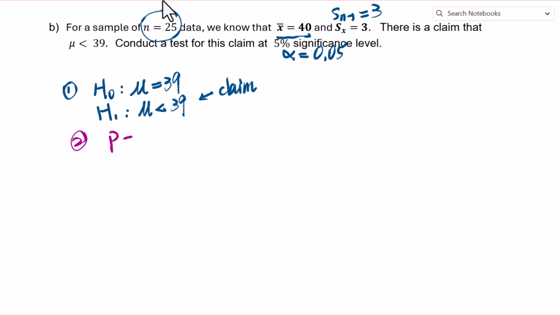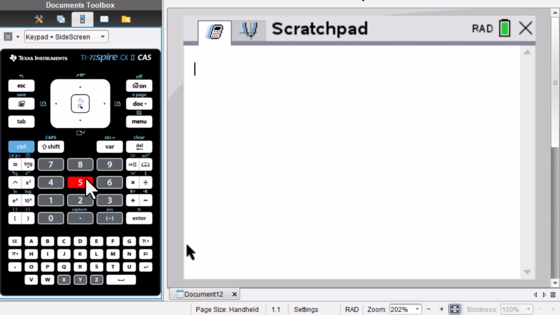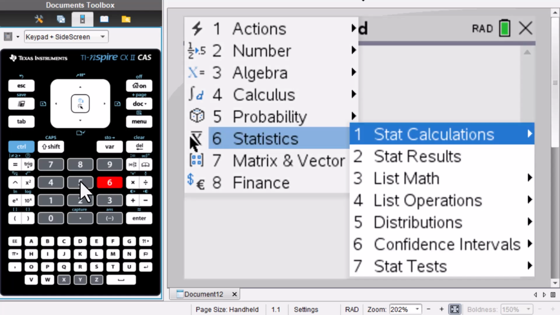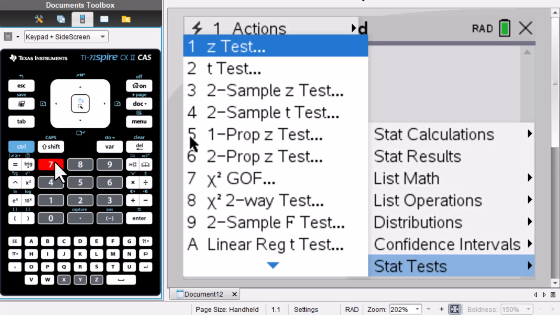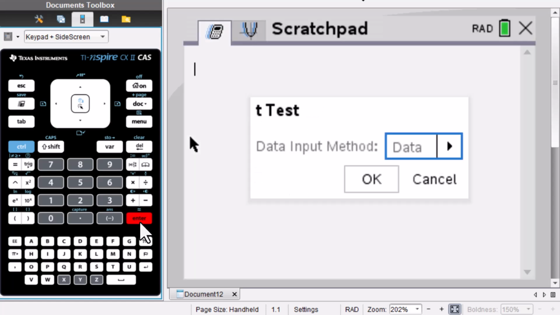We will use a calculator to work out p-value. Menu 15 to clear the history. Menu, go to 6. Go to 7. This time we got to use the t-test because the population standard deviation is not given.